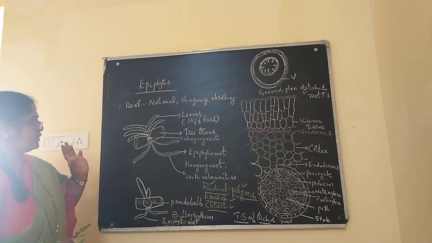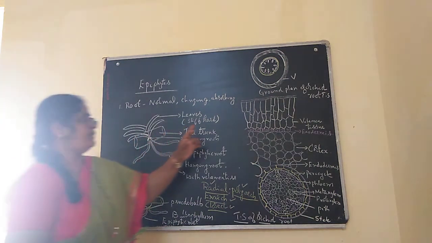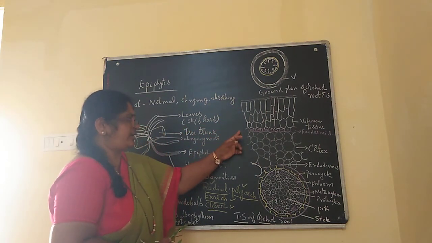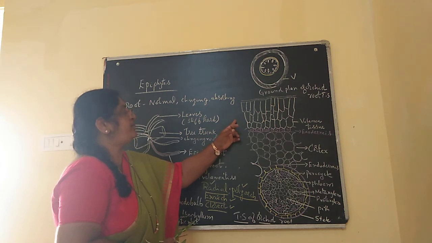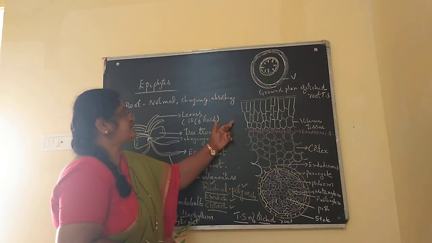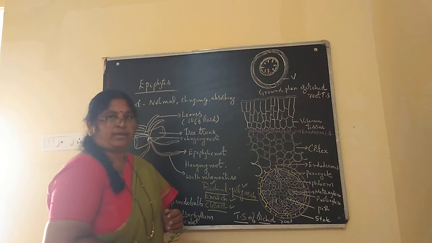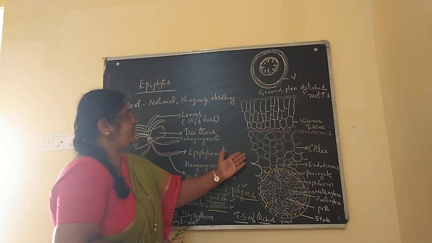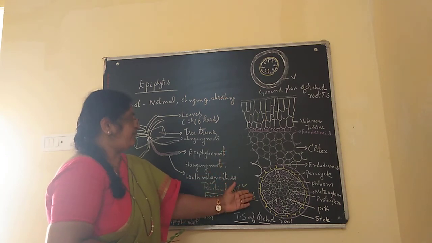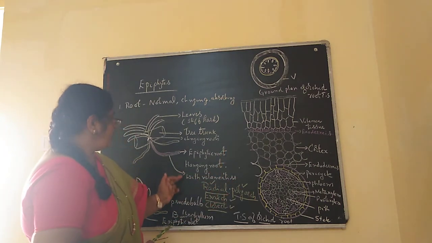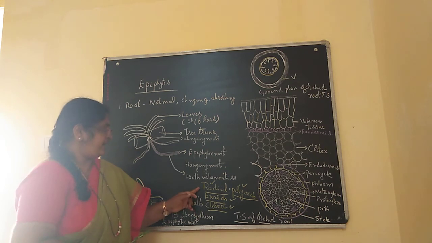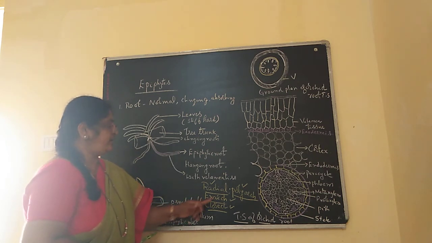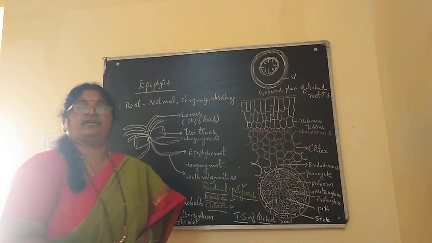The absorbing root is very special because of its outermost covering, the velamen tissue made up of sclereids, and this velamen tissue helps in absorption. Other parts, the exodermis, cortex and vascular bundles, are present. The vascular bundles are radial, exarch, closed and polyarch in nature. Thank you.